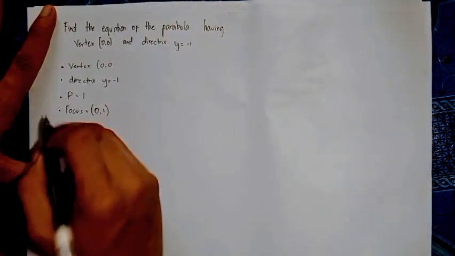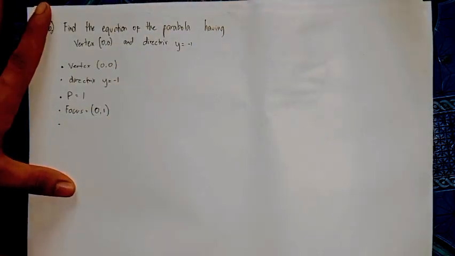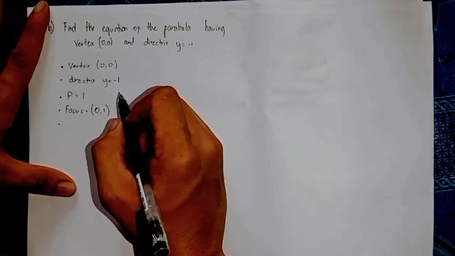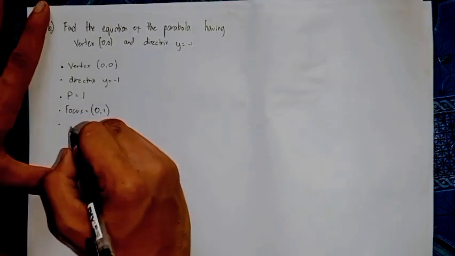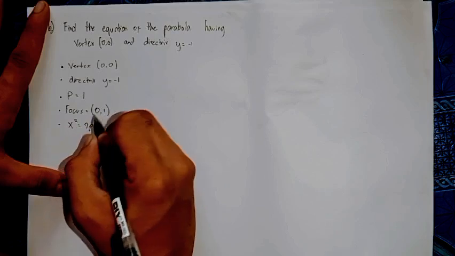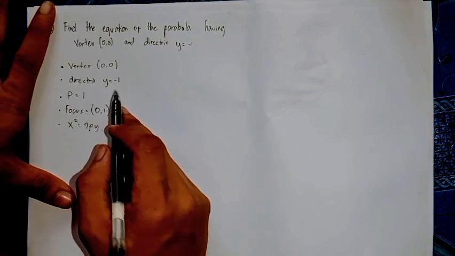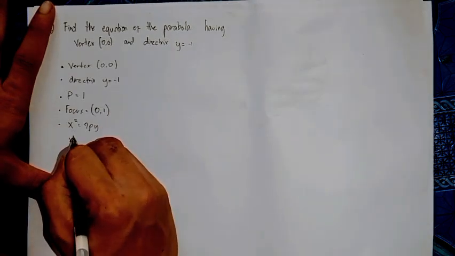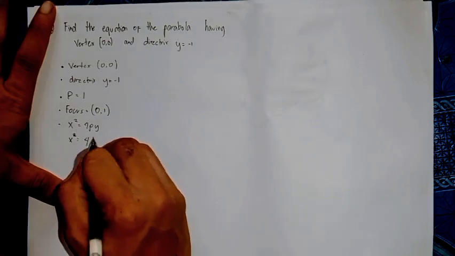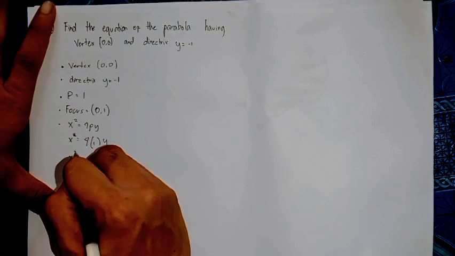Next, since we have the focus and vertex, we can now find the equation of the parabola. As you can observe, the directrix is y is equal to negative 1. Therefore, we can use the formula x squared is equal to 4py. So x squared is equal to 4, our p is 1, and y. Therefore, x squared is equal to 4y.